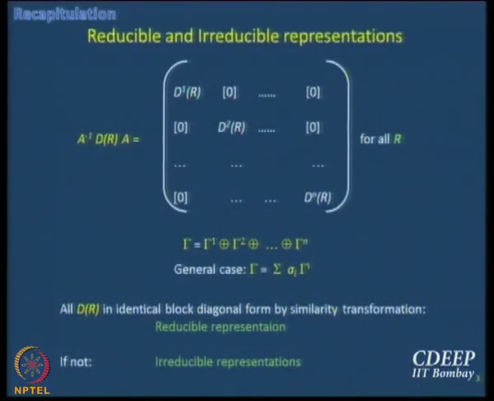You cannot use Y inverse and Y in some cases and X inverse and X in others. You have to use the same matrix and its inverse. If you can block diagonalize using that pair, then such a representation is called a reducible representation. And if it is absolutely impossible to do that, then you call it an irreducible representation.